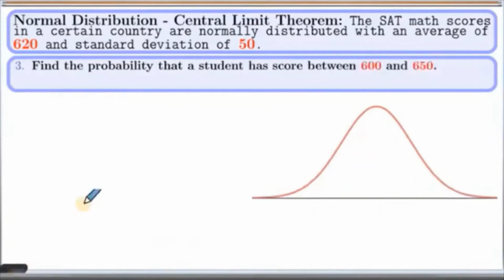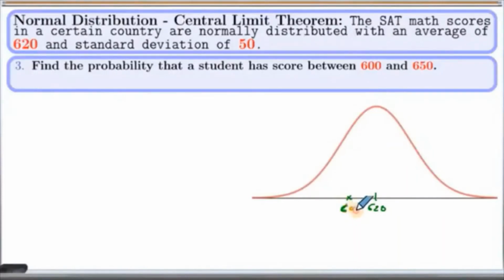Here we are supposed to find the probability that a student has a score between 600 and 650. Let's draw a diagram for the given situation. We know our mean is right here in the middle, which is 620. And if 620 is here, our 600 is here. This is 600.